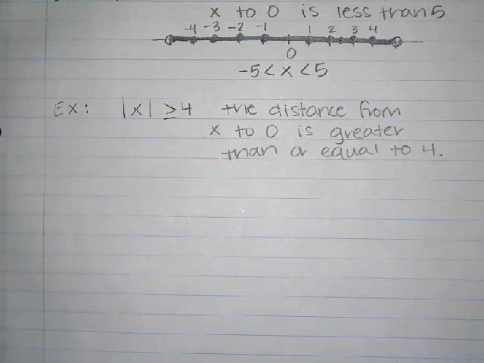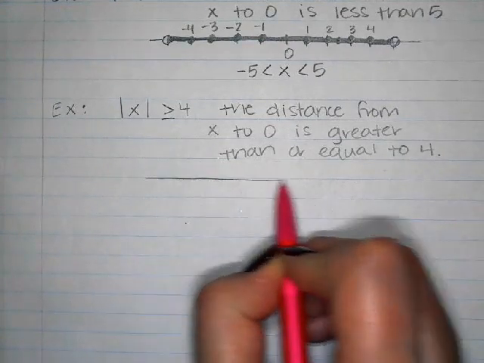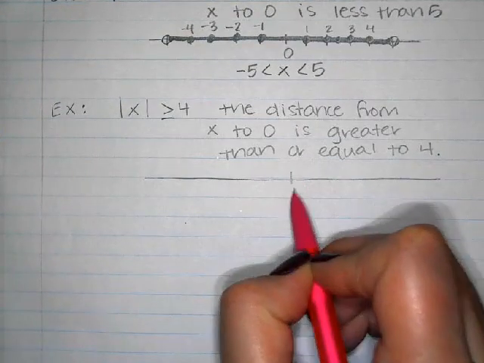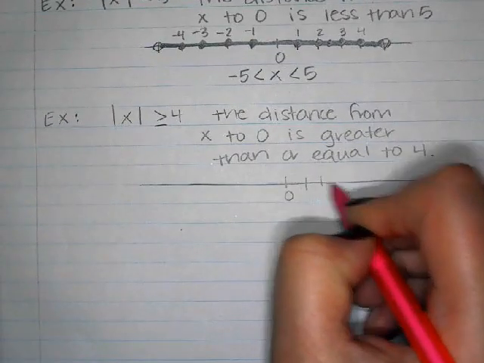Okay, so let's draw this. So we're going to put 0 in the middle. What is a number where the distance from that number to 0 would be greater than 4? 5, okay. 1, 2, 3, 4, 5.